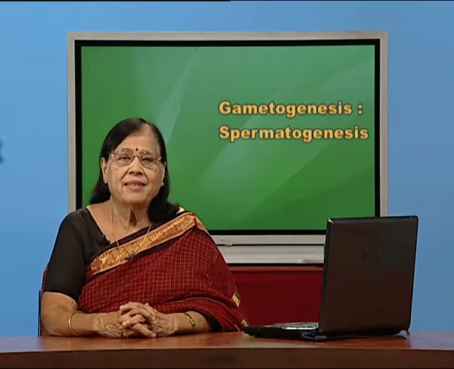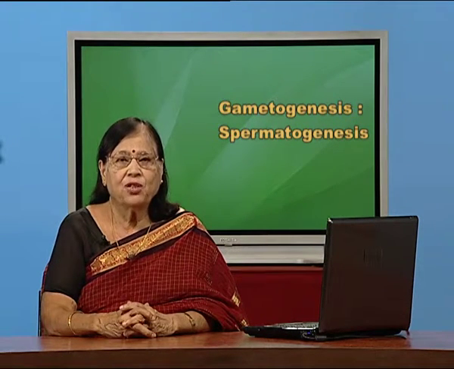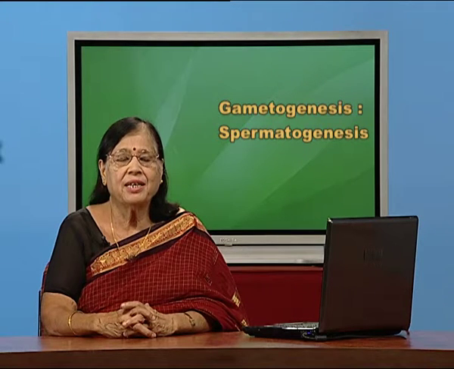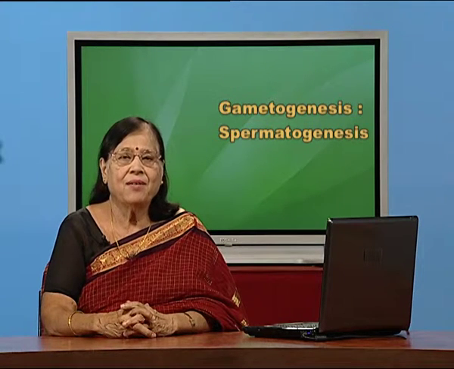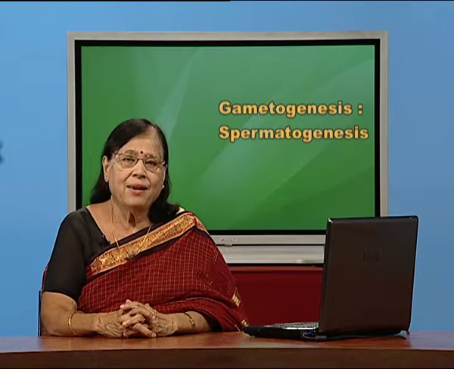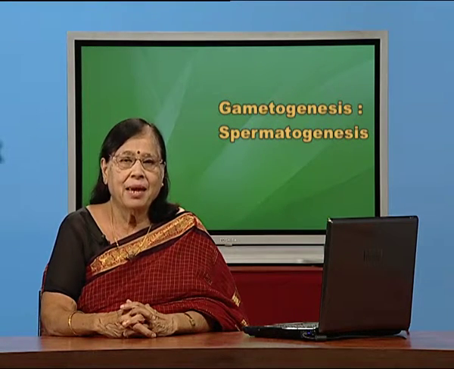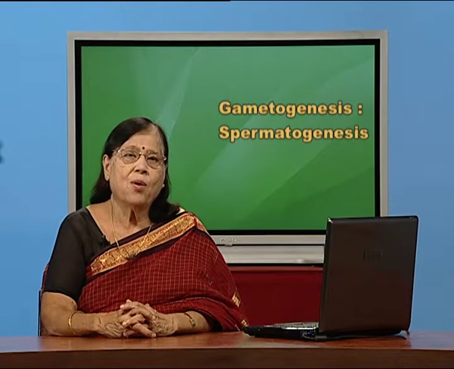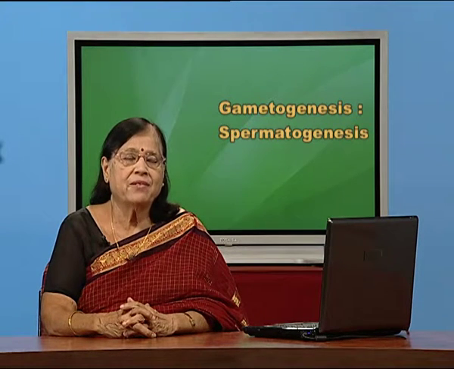We have already discussed in earlier sessions asexual reproduction and sexual reproduction, and in sexual reproduction we started with human reproduction, and we have understood the male reproductive system and also the female reproductive system.